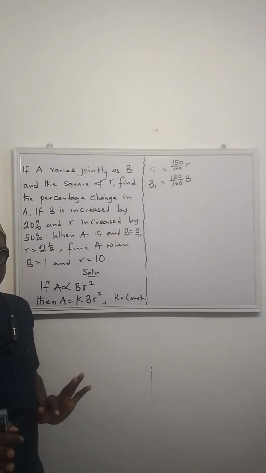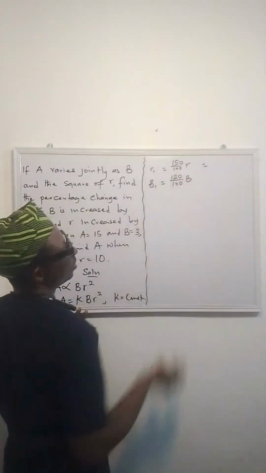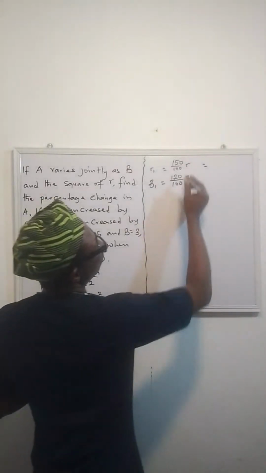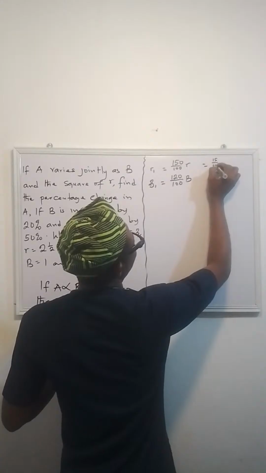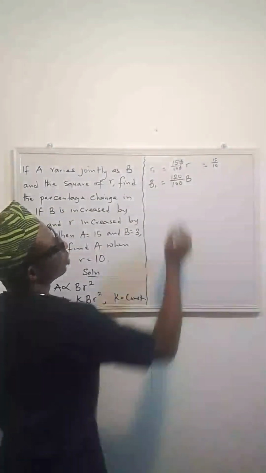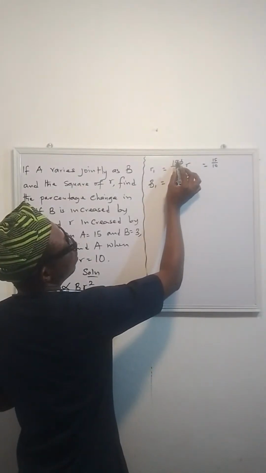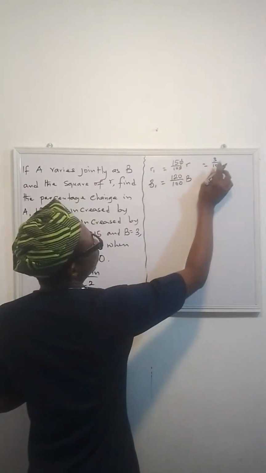I want to believe we all get that now. So now we can simplify this. This is going to give you 15 over 10. The 0 cancels 0. We can still simplify further: 5 goes into 15 three times, and 5 goes into 10 two times.